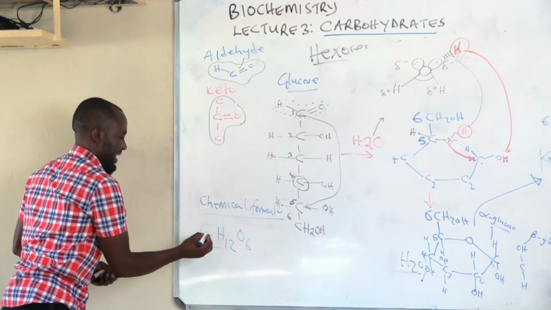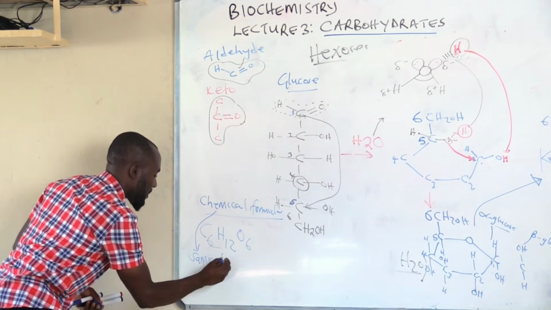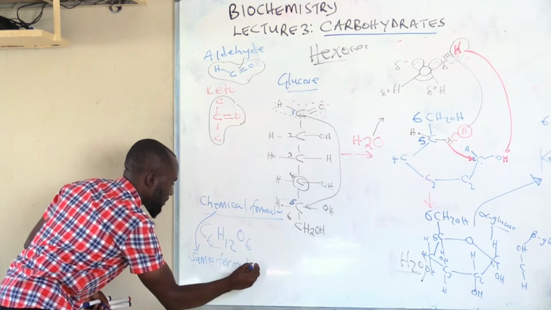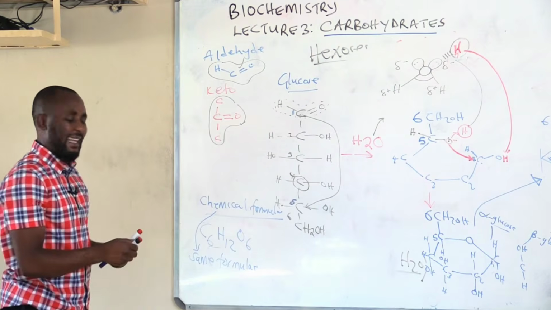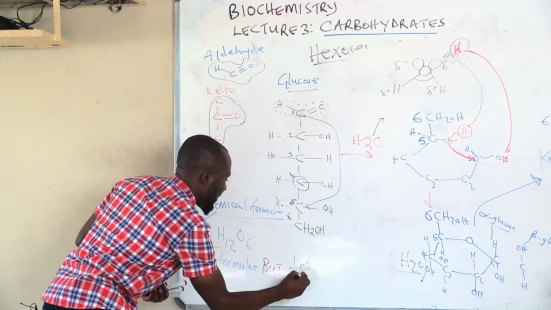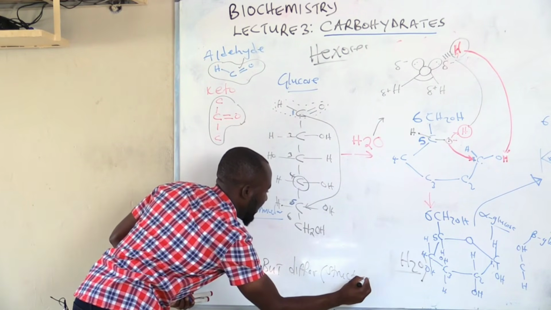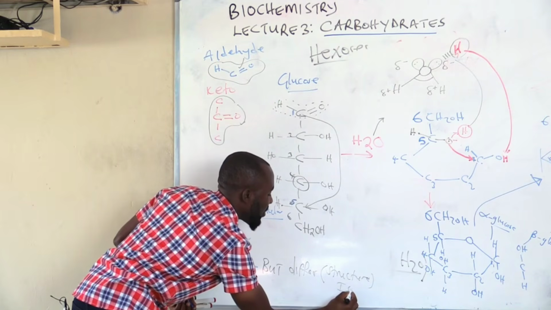So, sugars with the same formula but differing in structure are called isomers.